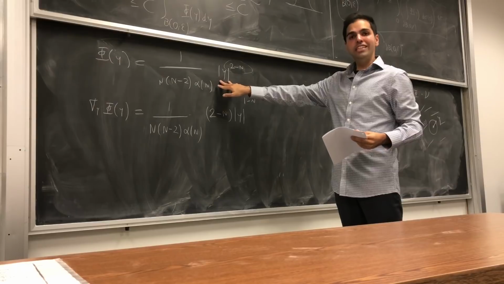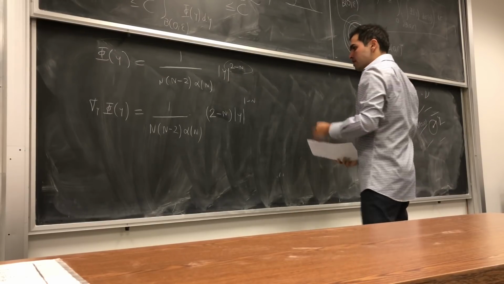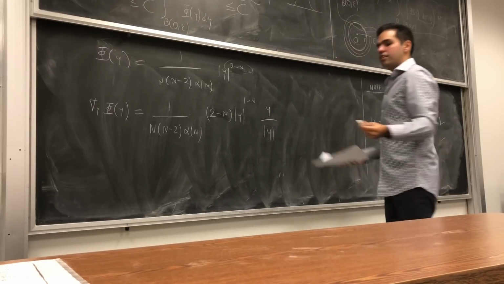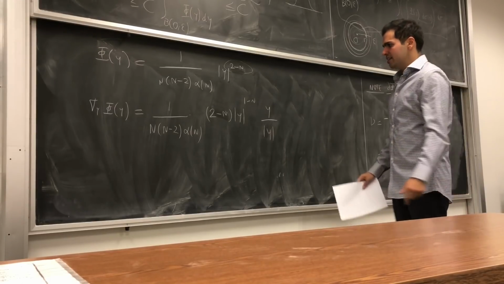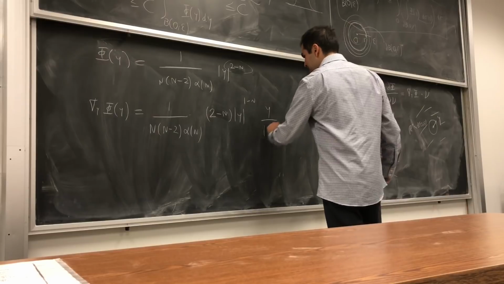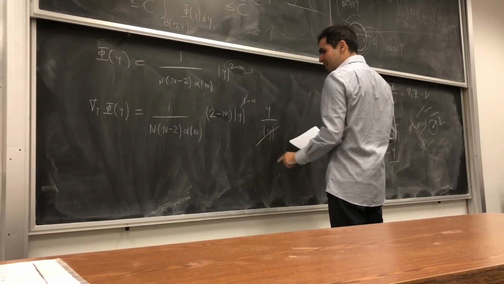And now we need to differentiate the absolute value. But remember, the derivative of the absolute value is the vector divided by the absolute value of that vector. And now there's a cancellation party going on. This absolute value of y cancels out with this 1.